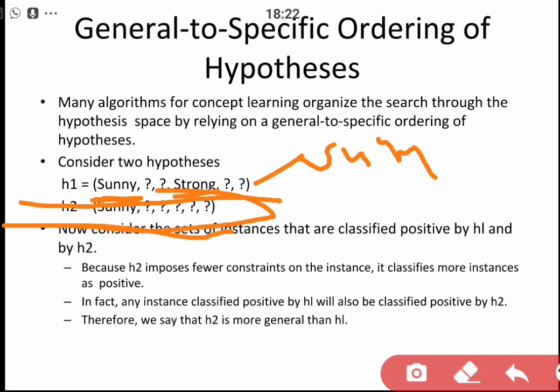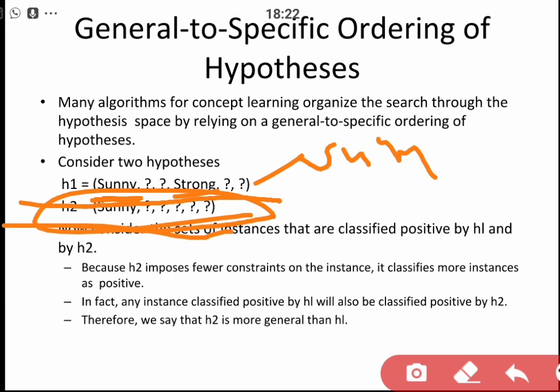So in H2, if you are given a test instance in which some values are given, you will check whether the value of sky is sunny, and for all the others, whatever the value of the attribute, you will simply say yes, you will enjoy the sport on that day.